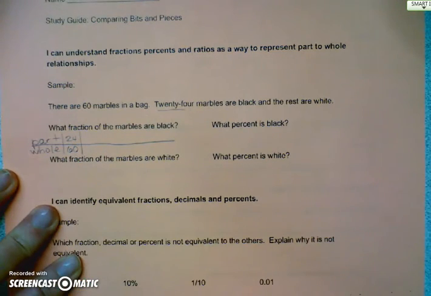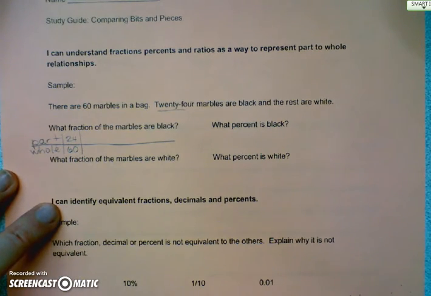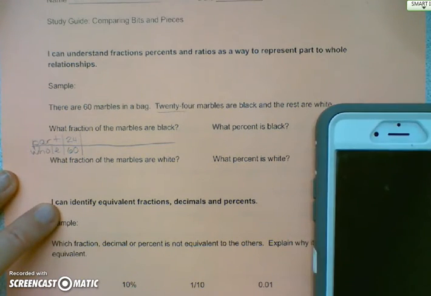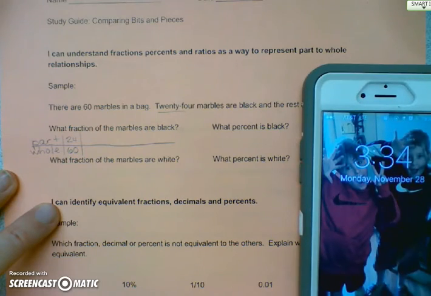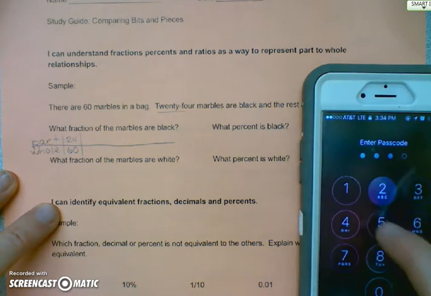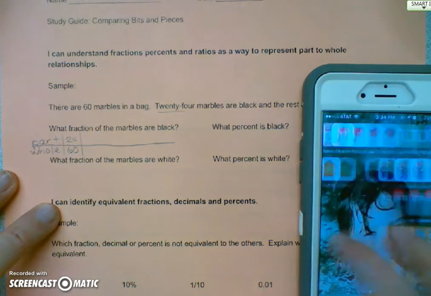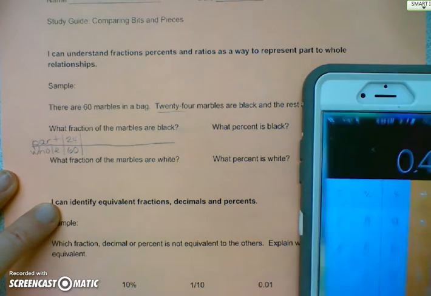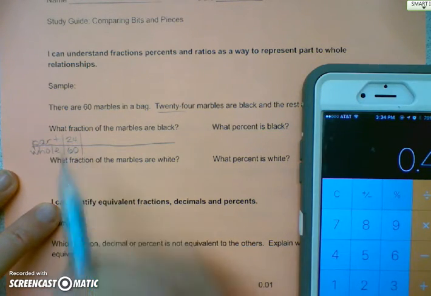So 24/60ths is the fraction of the marbles that are black. If you have a calculator, you can quickly change that fraction into a percent by dividing. You want to take 24 and divide by 60.